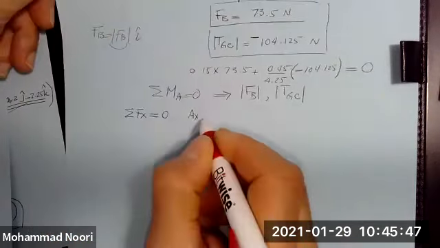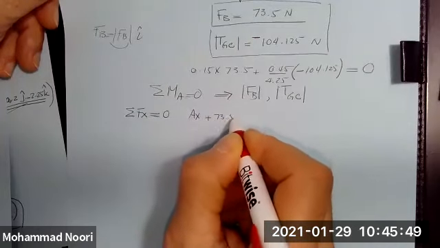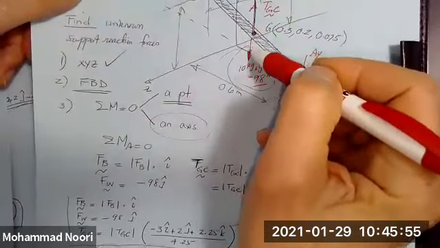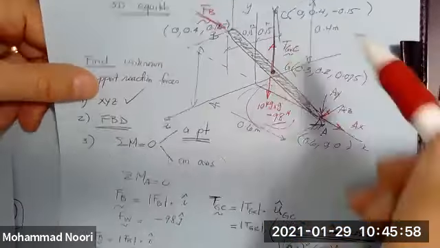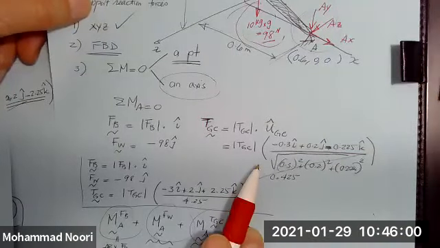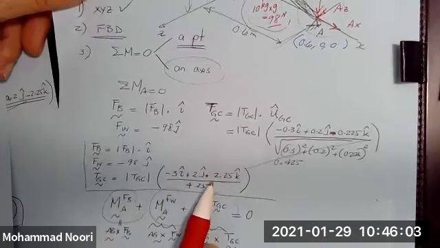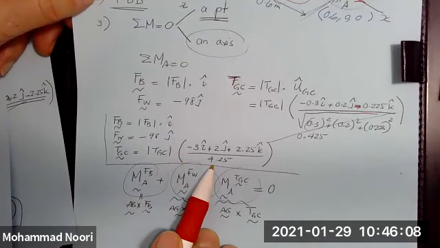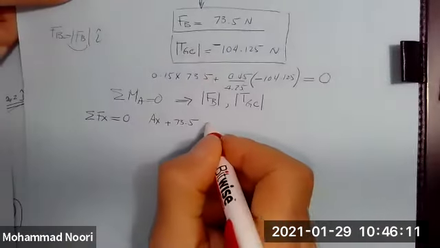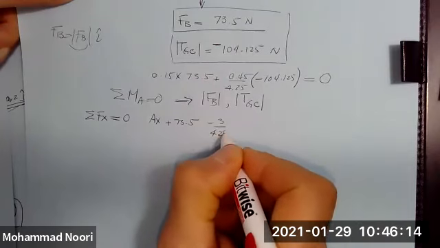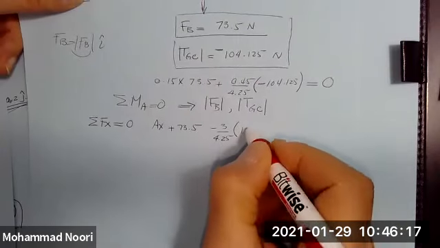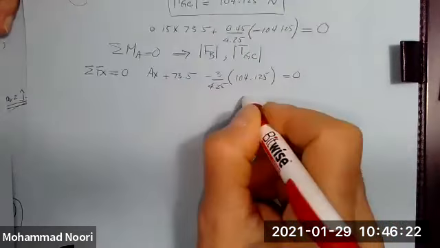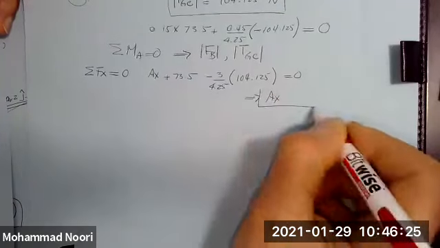So plus 73.5. And what else? This one doesn't have an X component. GC has. This is the force GC. What is its X component? It is negative 3 over 4.25 times TGC. So negative 3 over 4.25 times magnitude 104.125 is equal to 0. So this will give you AX.